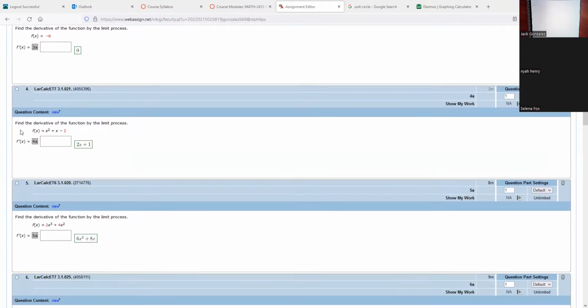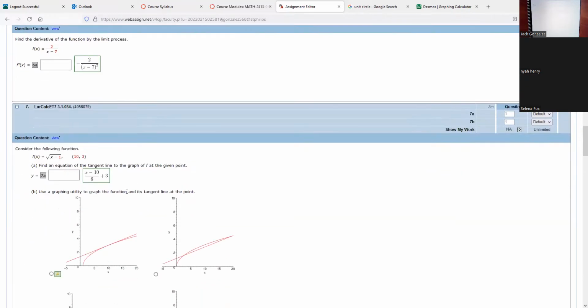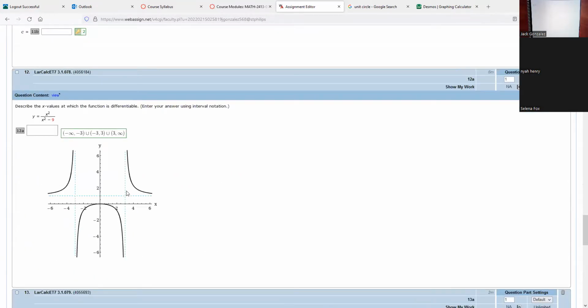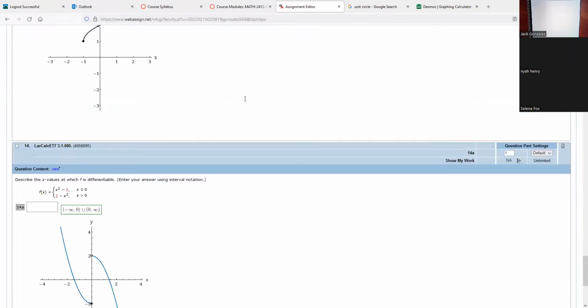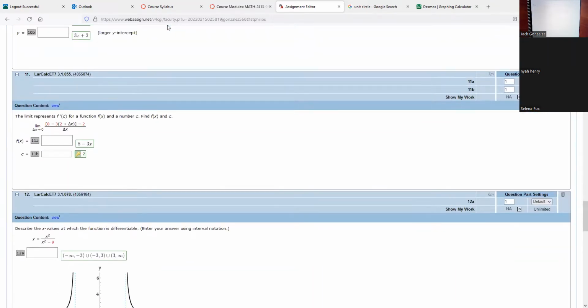Anyway, here they use the limit process, which is what we're going to do in just a minute, to find the derivative of f again and again. It's fine. I think these are fine. Okay, so let's get started.